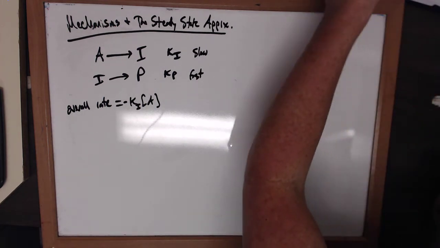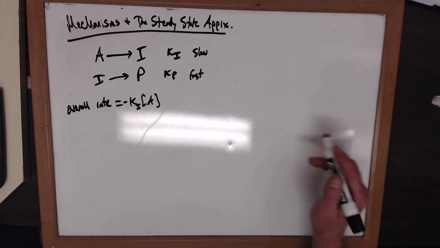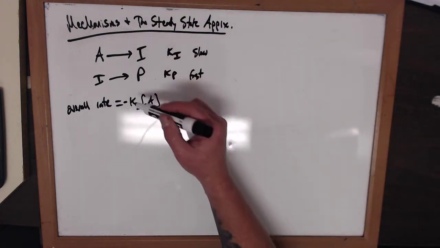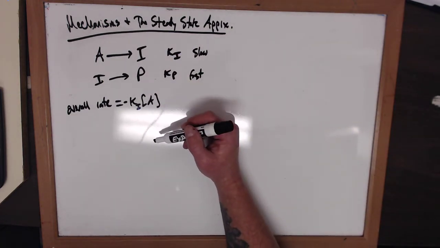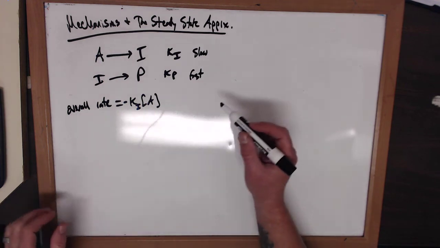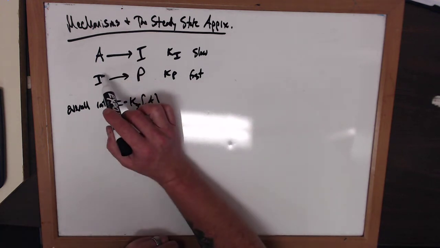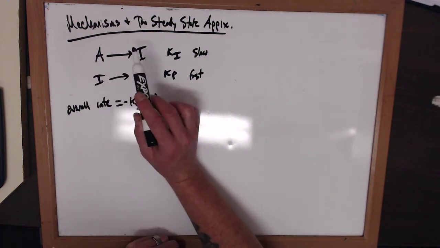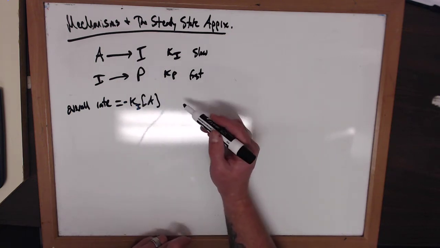Okay, but suppose that we wanted to analyze this mechanism completely. If we wanted to put all of the differential rate laws together, we could do that. And what we would have to do is come up with an expression for dA by dt, dI by dt, and dP by dt.